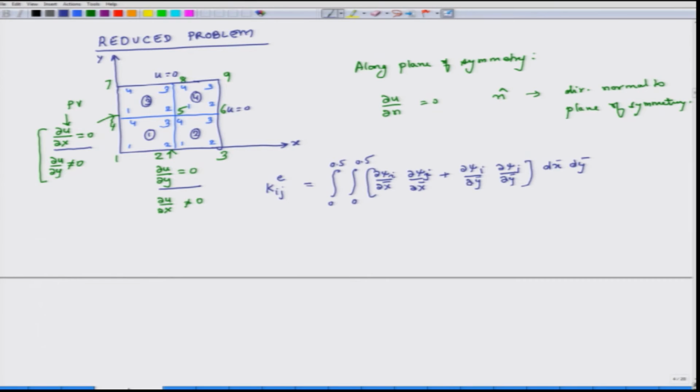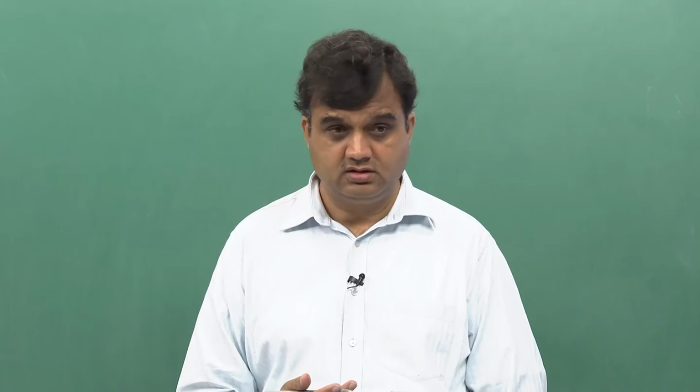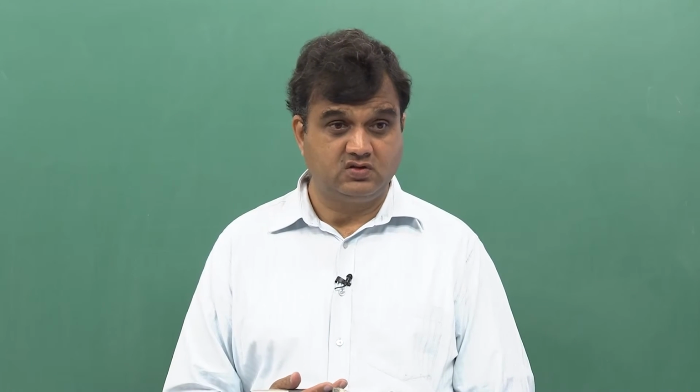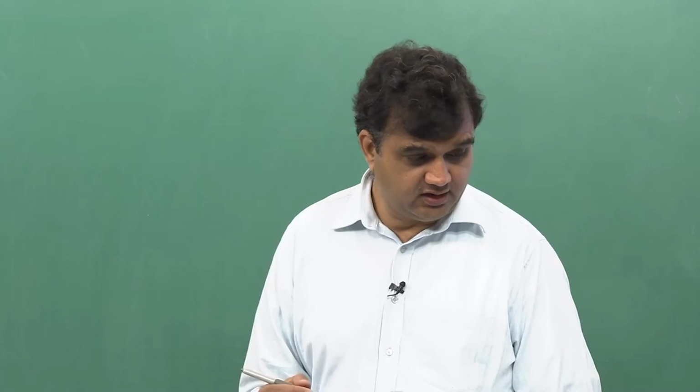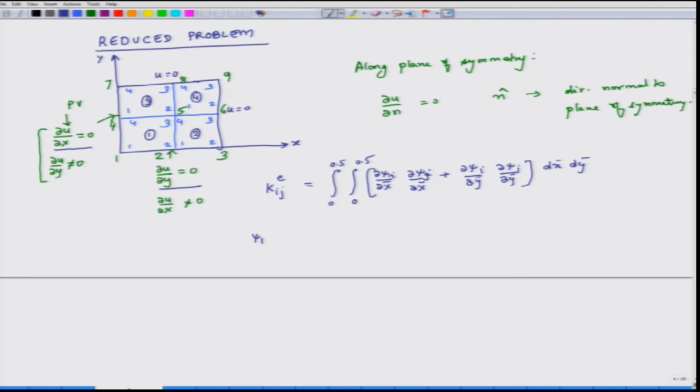And what are psi i and psi j? For each element, how many approximation functions will we have? 4 approximation functions, because it is a 4 noded linear rectangle. So, psi 1 is equal to 1 minus 2x bar into 1 minus 2y bar. We have derived these relations earlier, so I will not go back.